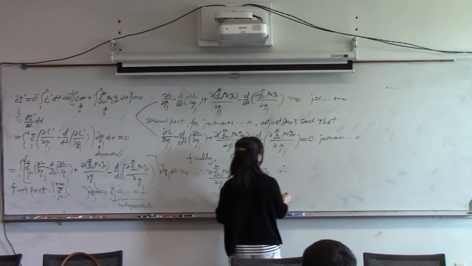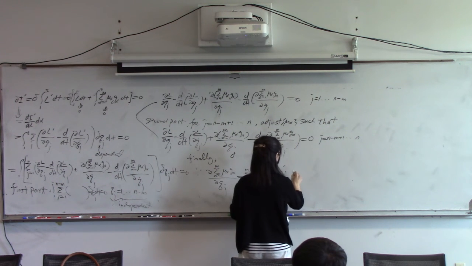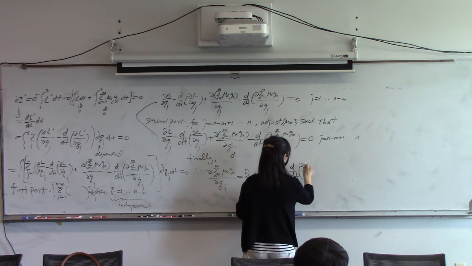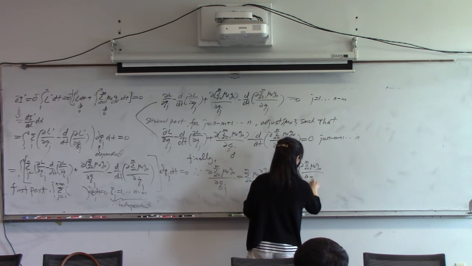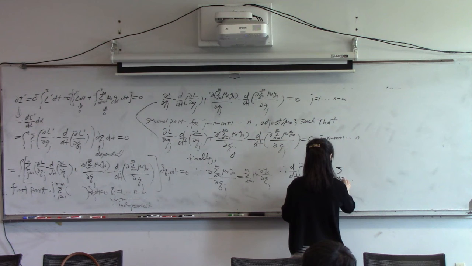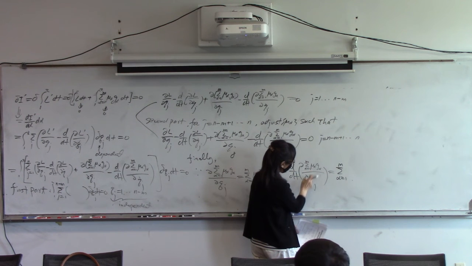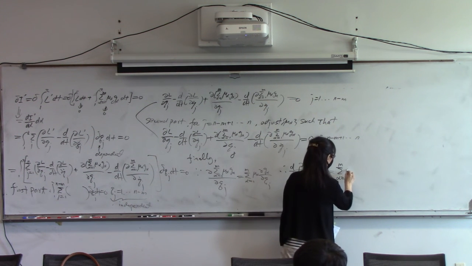Second, this term. The total time derivative has two terms, because this depends on time as well. Now we go to the first one, the summation to m. Here you first take the partial of mu alpha g alpha with respect to q_j dot, but mu alpha does not depend on it. So the first one is mu alpha partial g alpha partial q_j dot.